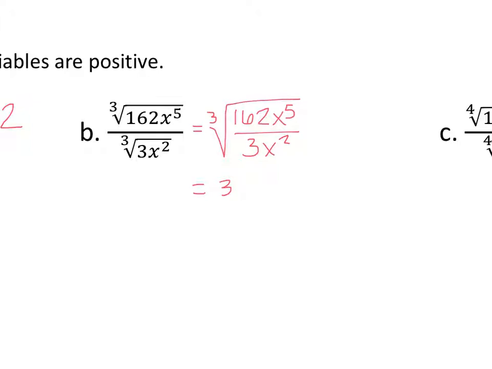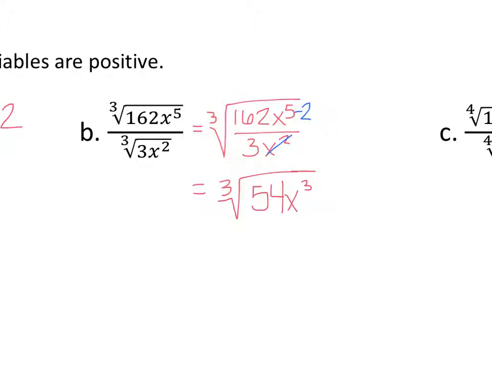Yeah, you can. Oh wait, sorry. Yeah, it's 54, all over it. Okay, 54, and then what about x to the 5th over x squared? Subtract them, so it's x cubed. Wait, how did you get 54? 162 divided by 3 is 54.